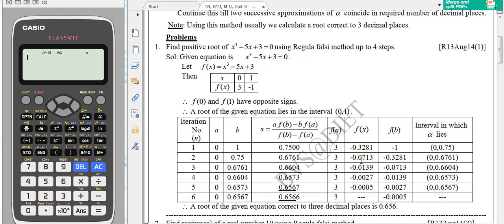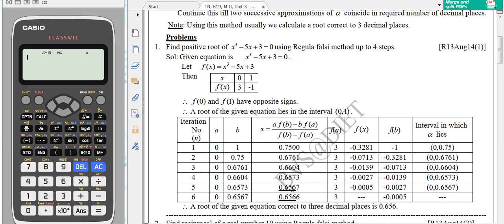You need to calculate f of x value here with the help of the calculator. Once again, on getting f of x value, you compare it with f of a. Here once again f of a and f of x are having opposite signs, so once again a and x values contribute the interval in which the root lies.